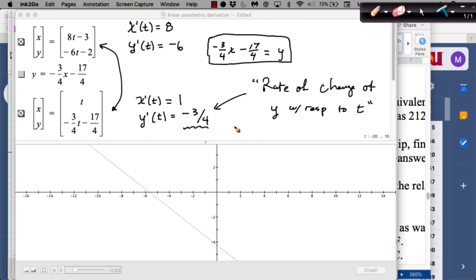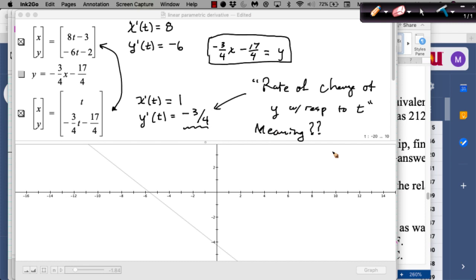What does that mean? Something we worked hard on earlier in the course. Do you remember? Yes, it is the rate of change of y with respect to t, negative 3/4. What's our meaning for rate of change?